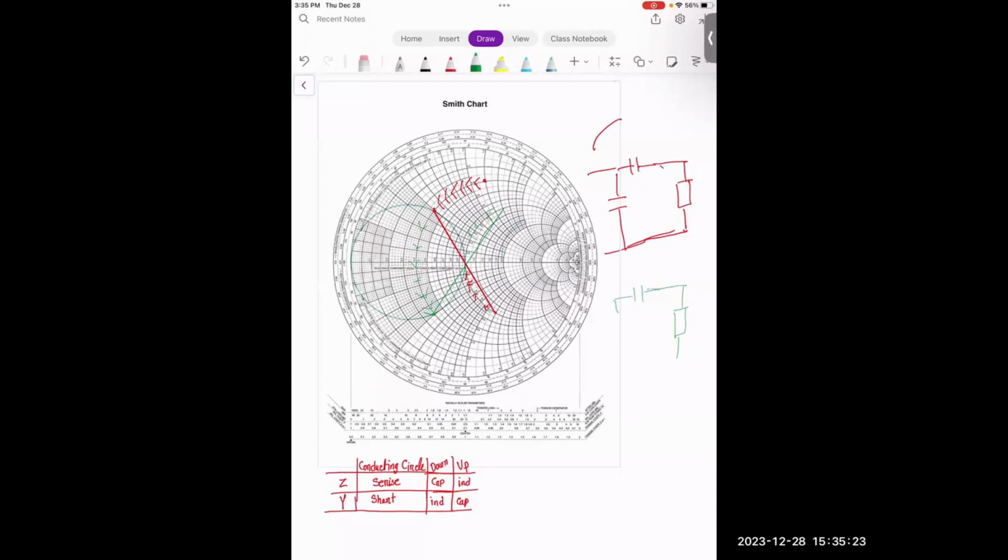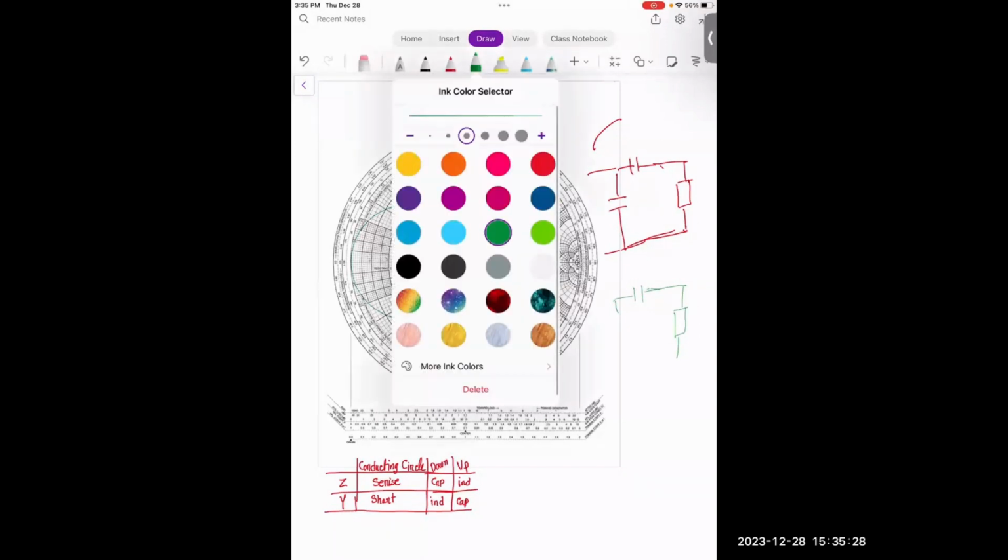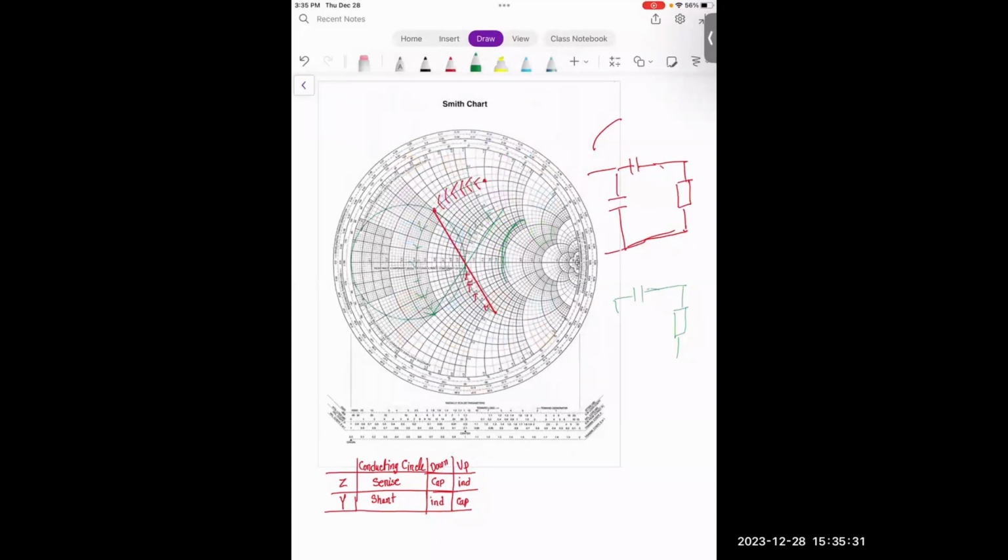Down on the Y chart means the inductor, so it's going to be a shunt inductor there. So if the question asks you for the LC matching, you follow the chart all the way to hit the conducting circle, then go to the R circle and find the L value from there.